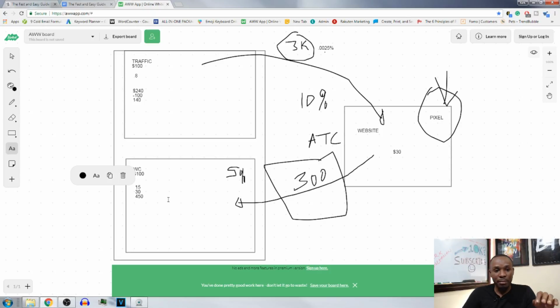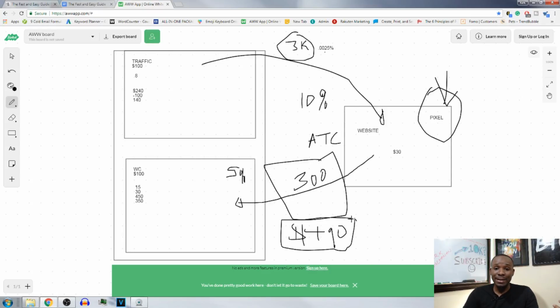By reducing that by the ad spend, we're left with 350. By adding back this 350 here with this 150 here, we now have 490 in profit, really. That is how you start scaling your Shopify dropshipping business.